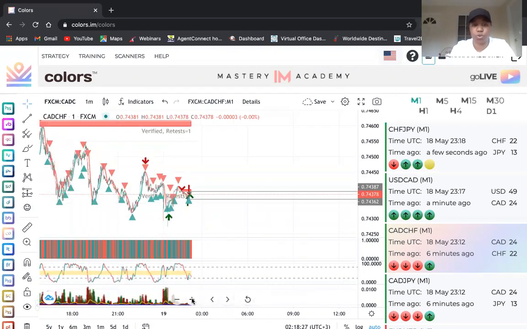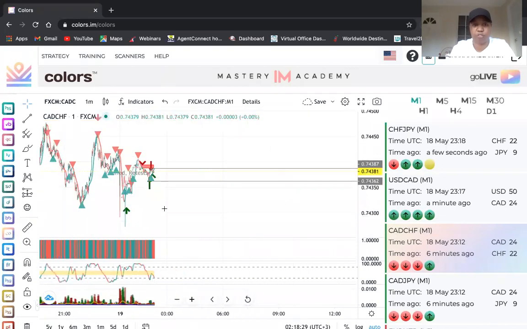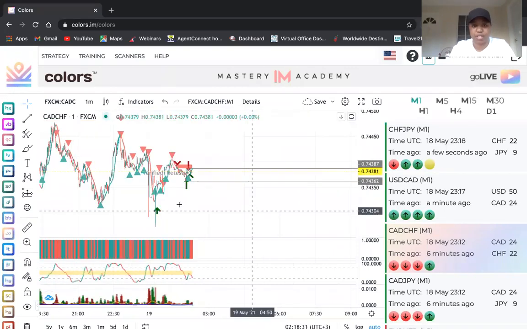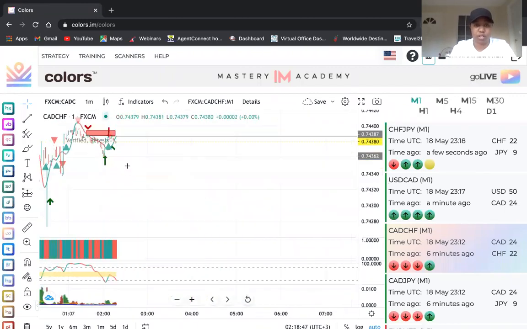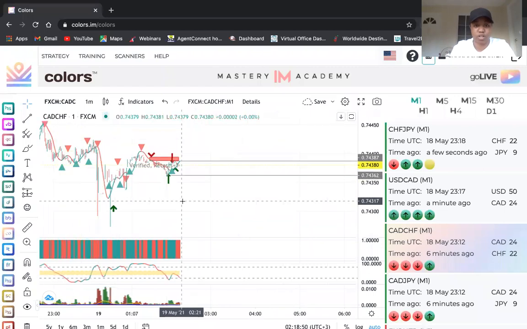100 pounds to 1,000 pounds on Friday, and that was my biggest day with colors. I've not done that with anything else, guys, apart from colors. Listen, I was shocked. So I'm telling you guys, it does work.